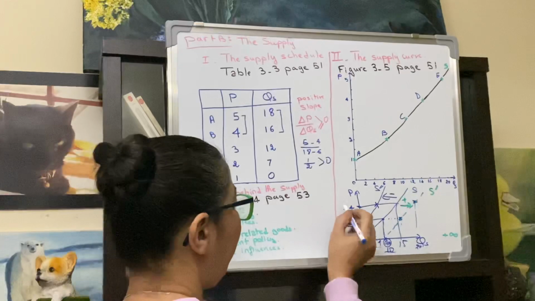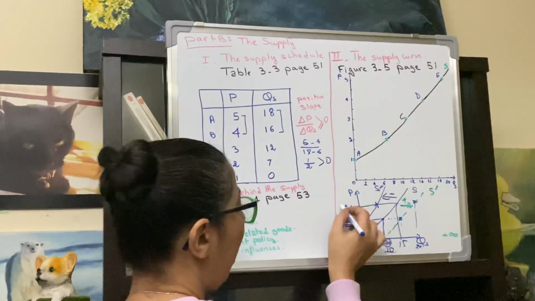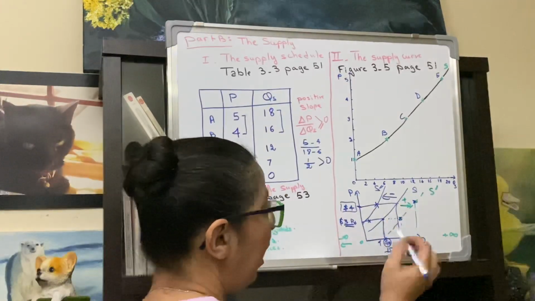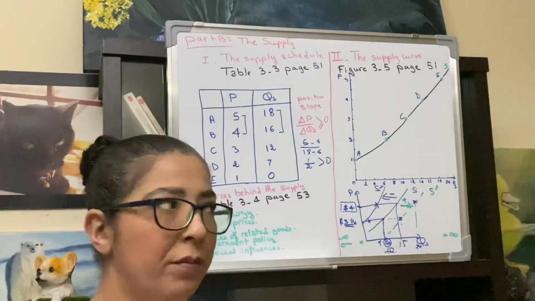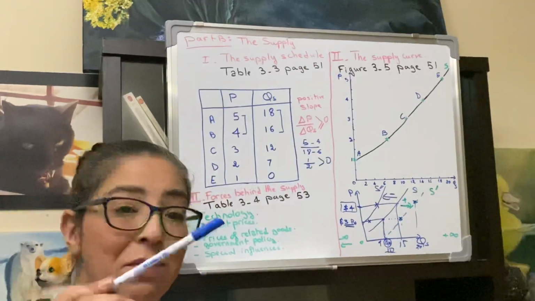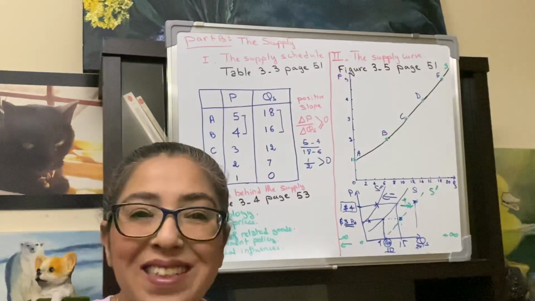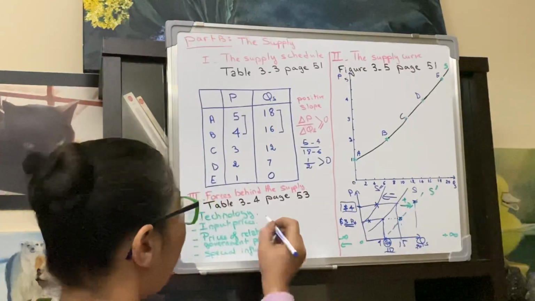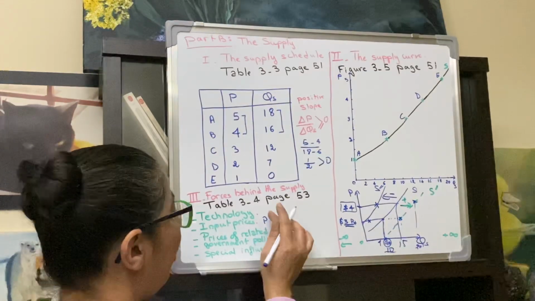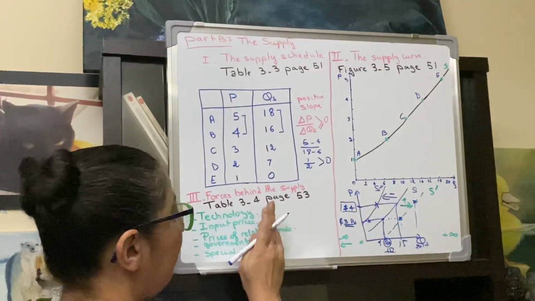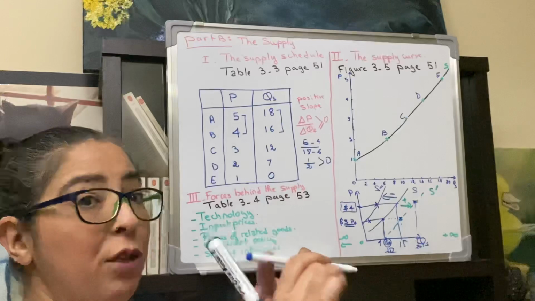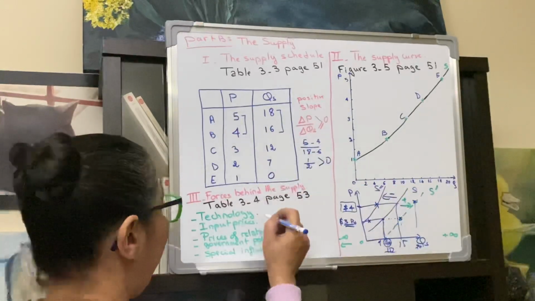So when the price of plastic is $1, at $4 I supply 15. Okay, but now let's imagine that the price of plastic has decreased. Input prices: plastic is an input for me. I use it to produce my pen.